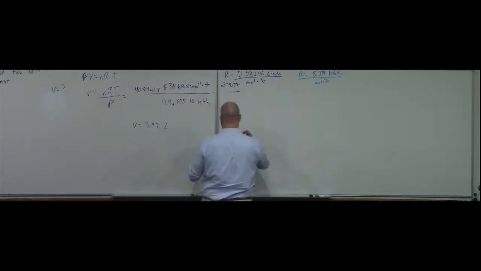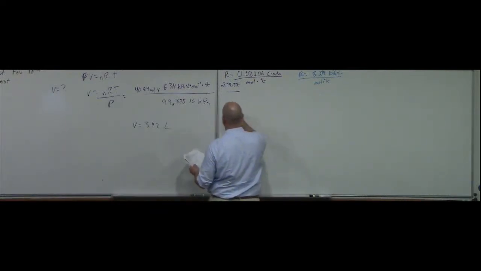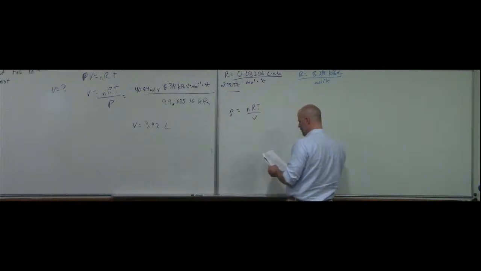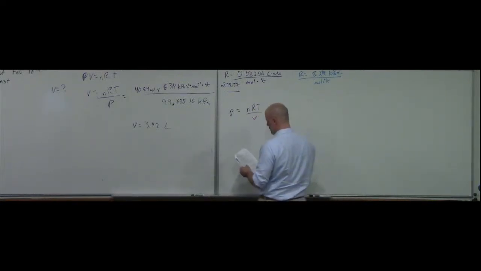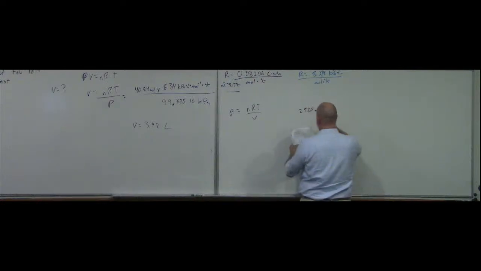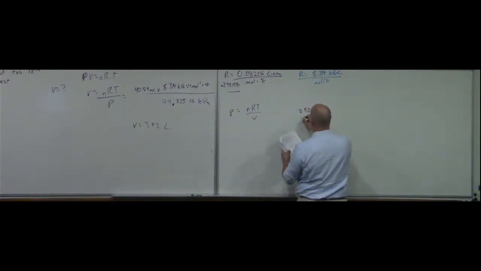Calculate the pressure, find P. Right, so PV equals nRT, so P equals nRT over V. Calculate the pressure in bar of 2520 moles of hydrogen gas stored at 27 degrees centigrade in the 180 liter storage tank of a modern hydrogen powered car.